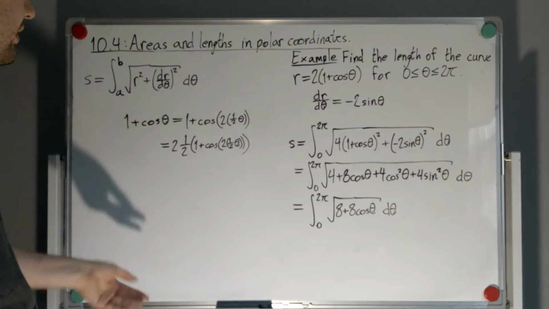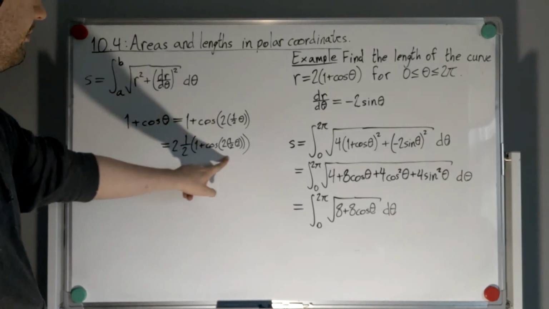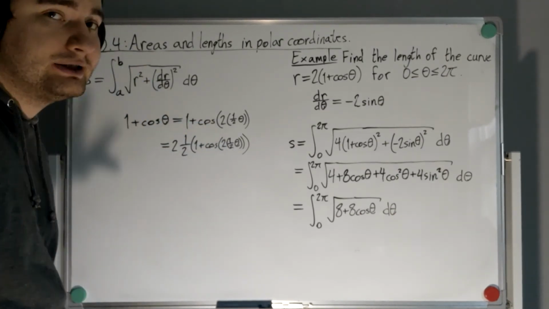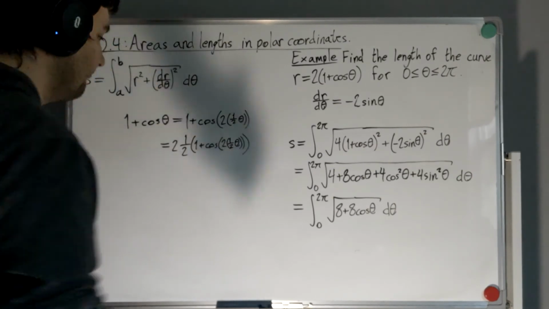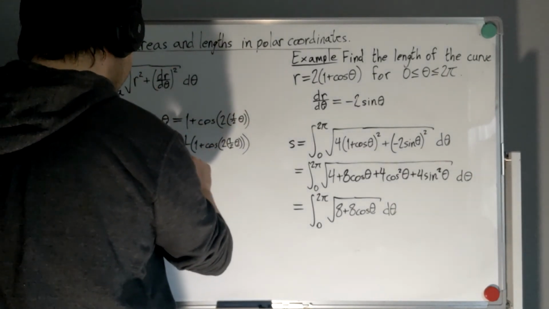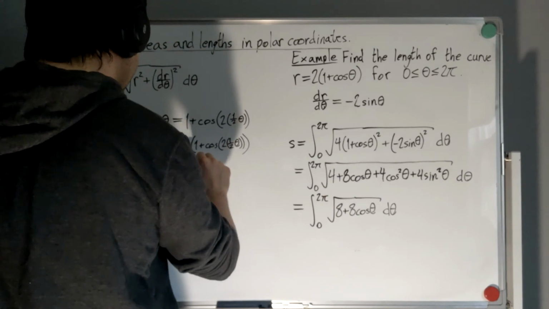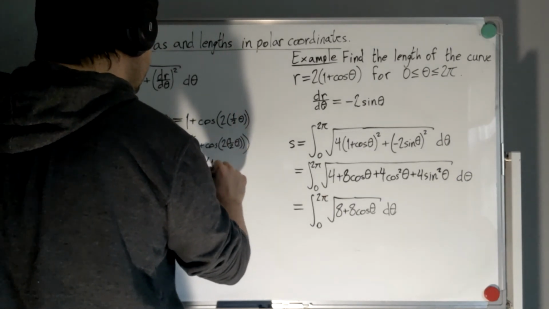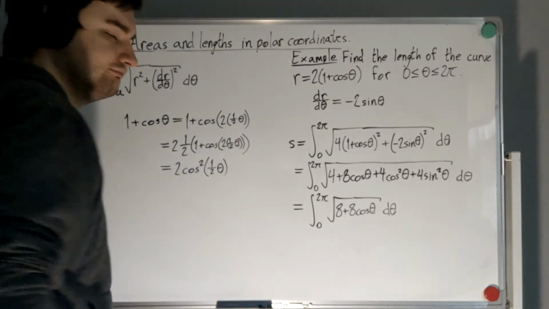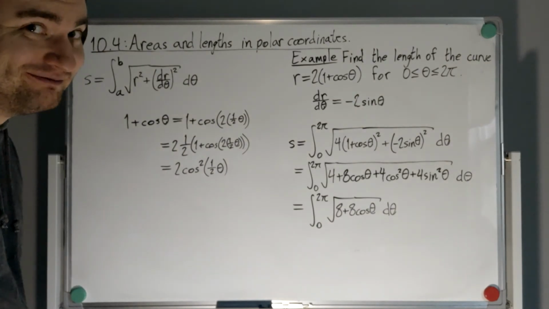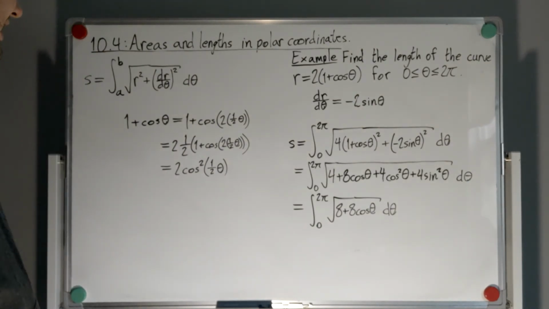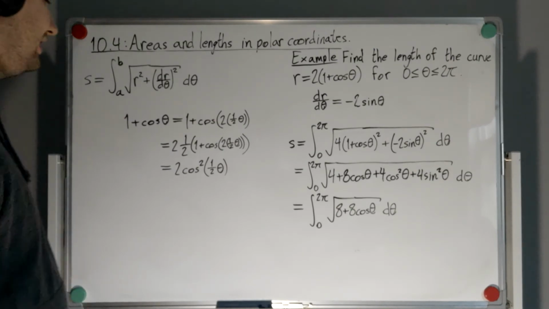And then based on our trigonometric identity, this part right here is just cosine squared of 1/2 theta. So this actually becomes 2 cosine squared 1/2 theta. Which is weird. Yeah, it's not every day that you have to use that backwards, but that's how it is today.